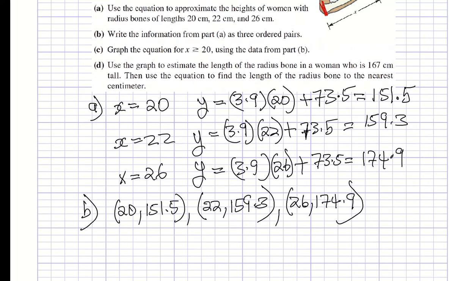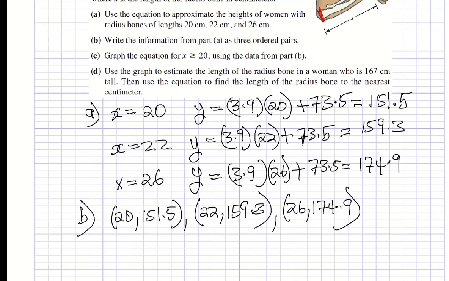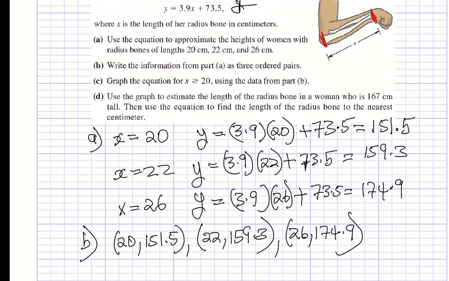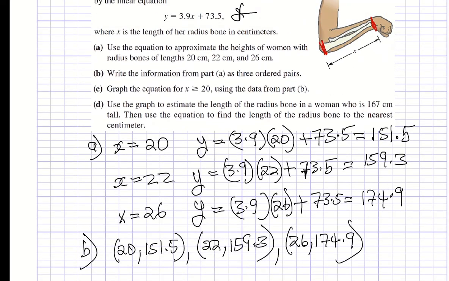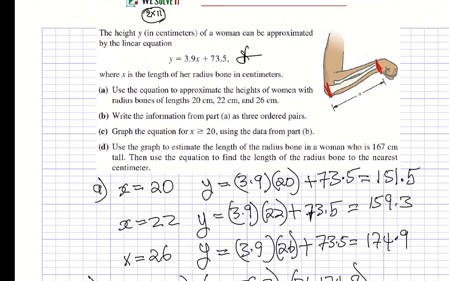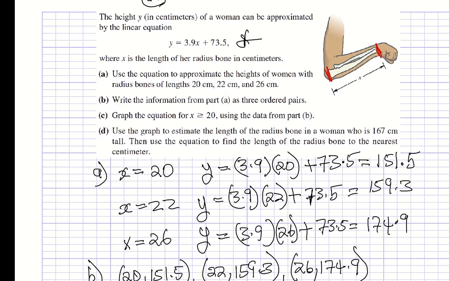I bet they're going to tell us to graph the equation for x greater than or equal to 20 using the data. Greater than or equal to means the 20 is included.